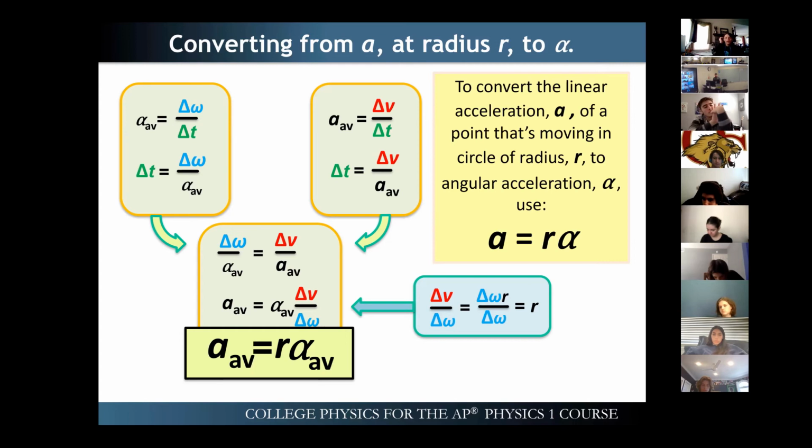On that AP test, can you just use this, or do you have to show how you got that relationship in a question? You can just use it. Problem is, if you don't know it, you're going to have to derive it to solve the question.